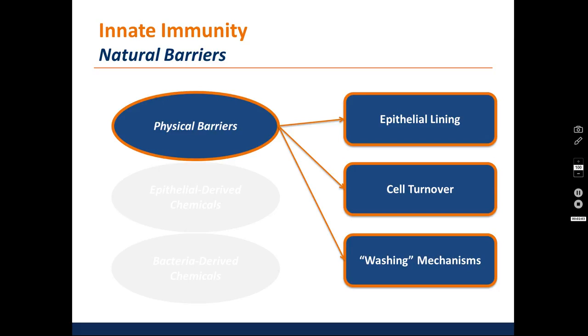But as these cells die off and slough off, they are actually removing bacteria as well. So the actual cell death not only creates new, healthier cells, it also helps to remove old cells as well as bacteria, viruses, and invading microorganisms.